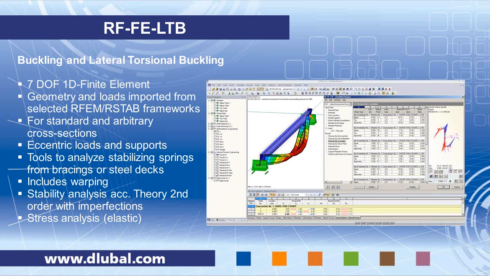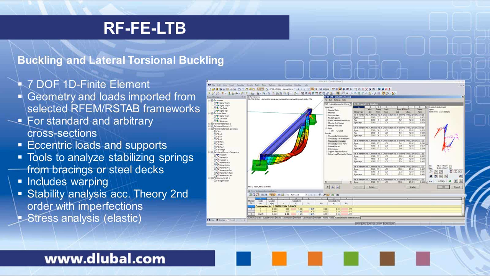As I said, it works for all kinds of sections. It allows you to place loads eccentric. Also, it has the option to stabilize the section eccentrically, so you can arrange a support or a spring along the top flange, for example. And it does stability and stress analysis.